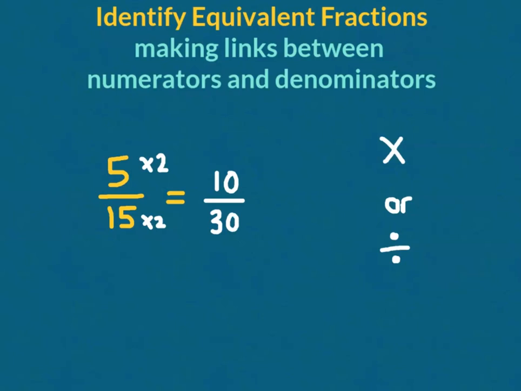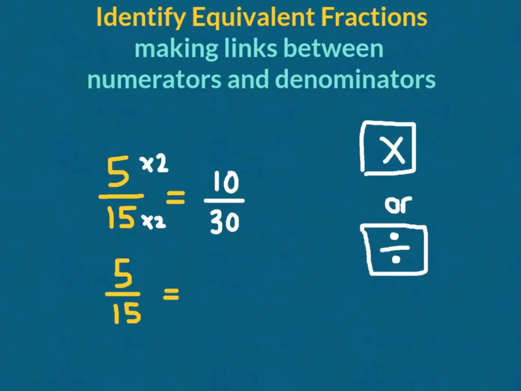But so far we've been looking at multiplying. I really would like to have a look at finding an equivalent fraction, but using division this time. Is there a number that we could divide both the numerator and the denominator by? 5. 5 can be divided by 5. 5 divided by 5, of course, is 1.